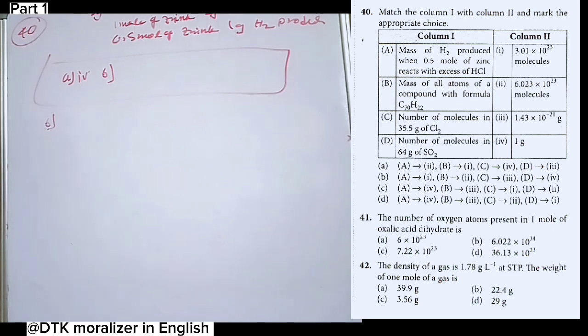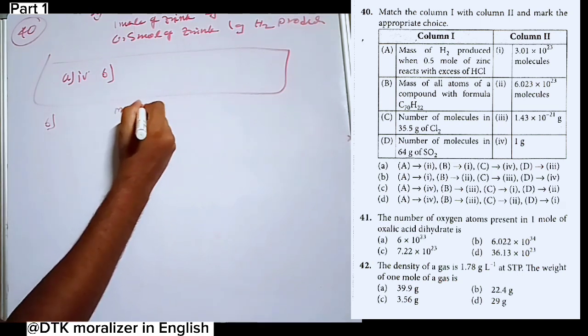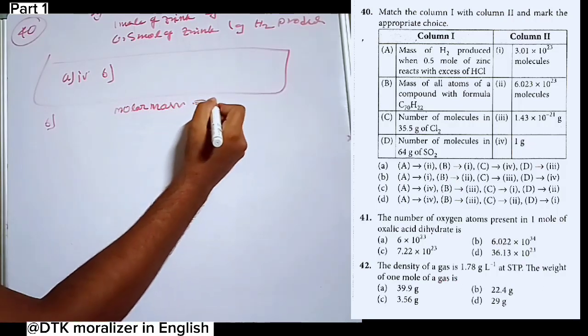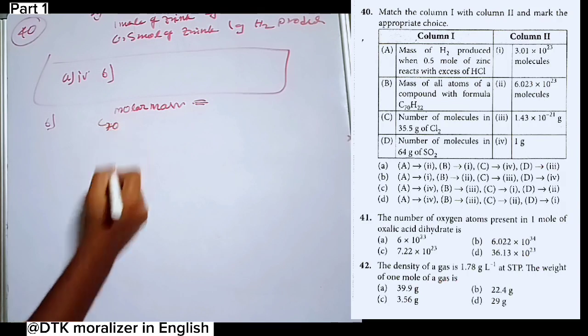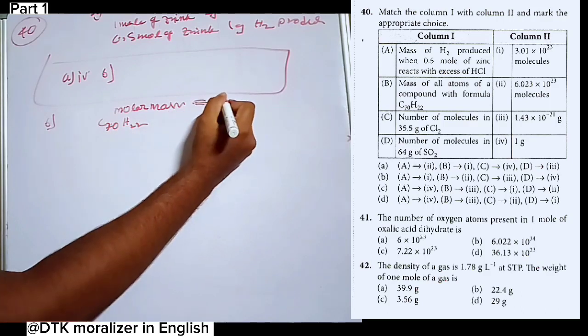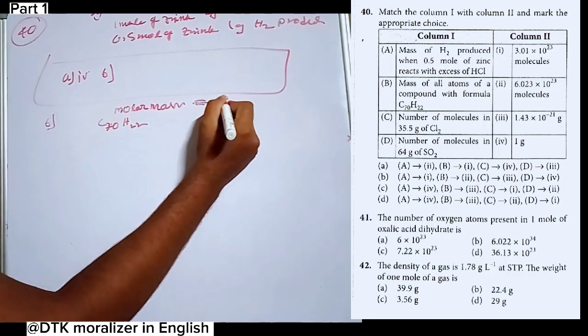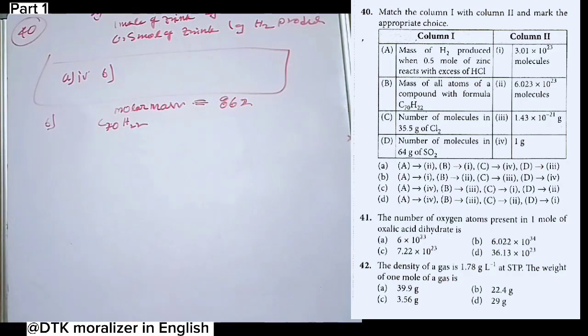So option B, mass of all atoms of the compound with formula C70H22. Mass of all atoms. Here, as you can see, the molar mass is equal to C70H22.